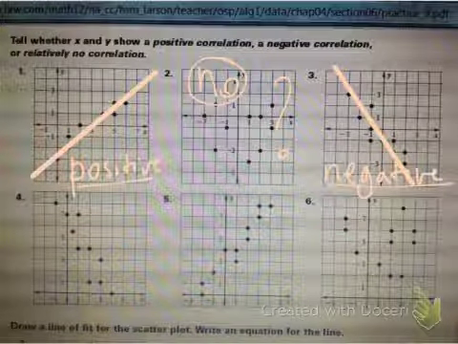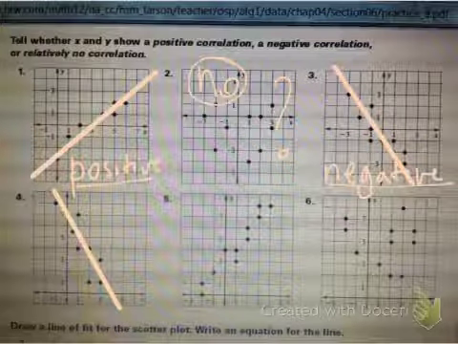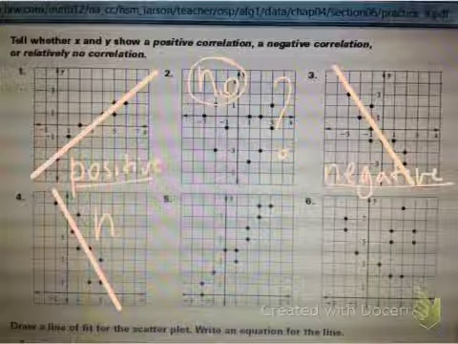For this one, number 4, again, when you see a line, grab a ruler, draw your line. And obviously when we draw the line here, negative. And I'll abbreviate since I'm running out of room, I'm writing too big.